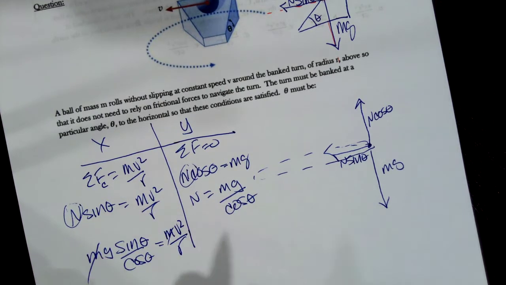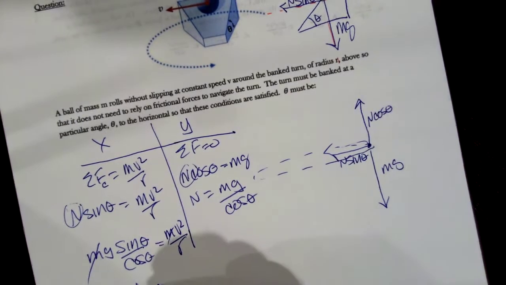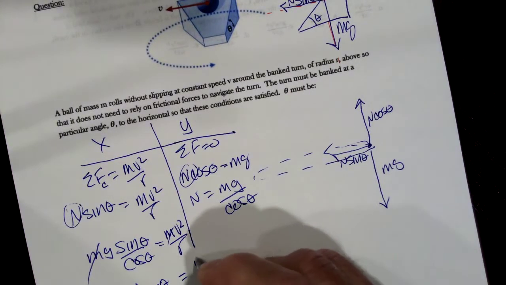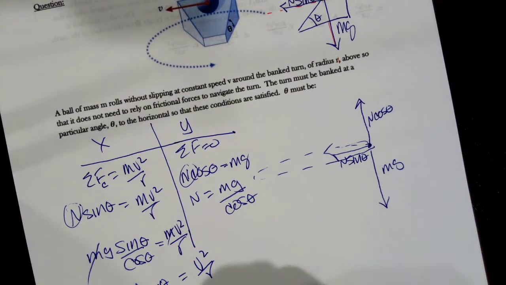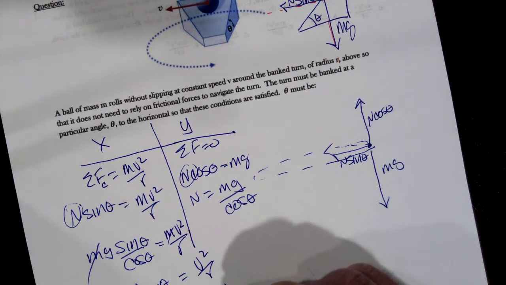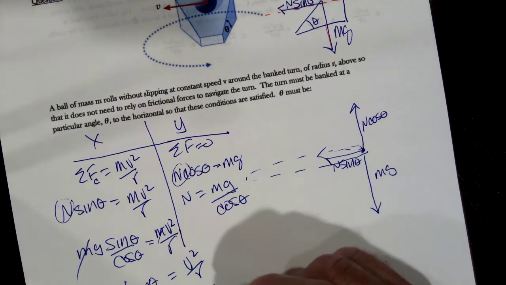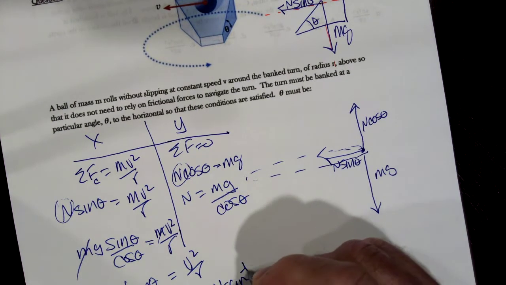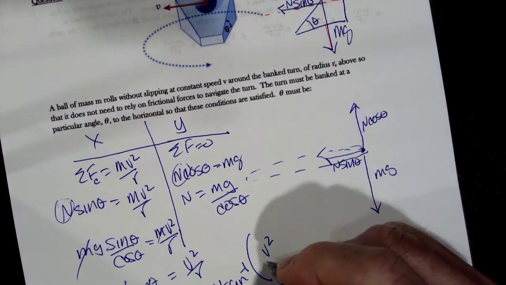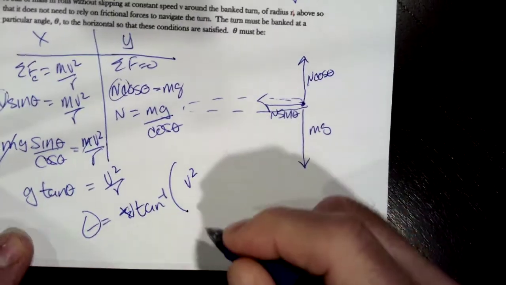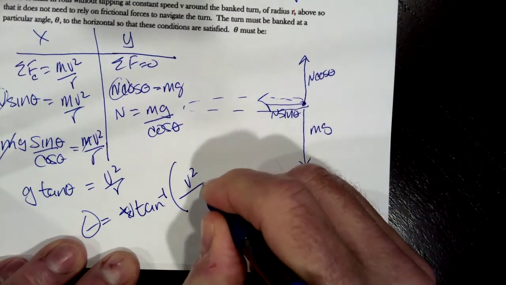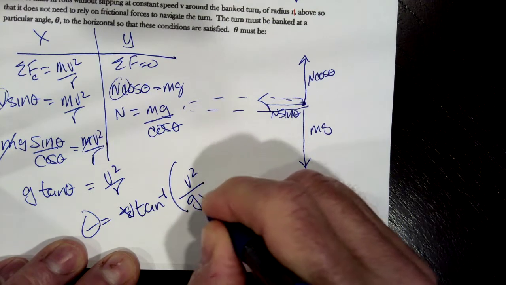It's the same mass, so we get g tan theta equals v squared over r. Divide over by g, and then you take the inverse tan. You get theta equals arctan of v squared over gr.